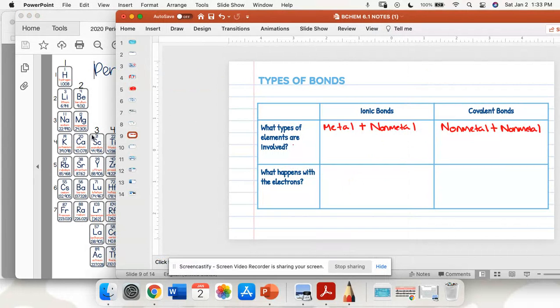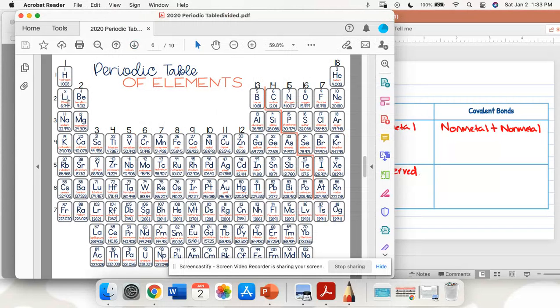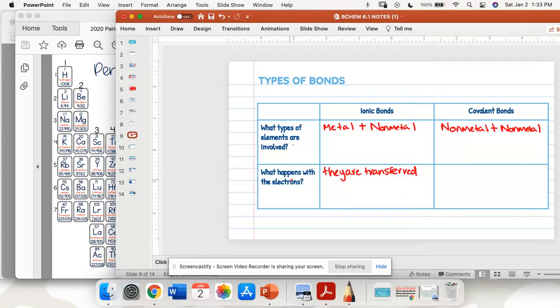So in an ionic bond, the electrons are transferred between the elements. So let me give you an example. If we had a bond between lithium and fluorine, let's just, for example, so Li and F, lithium has 1 electron, so we'll put a 1 here.